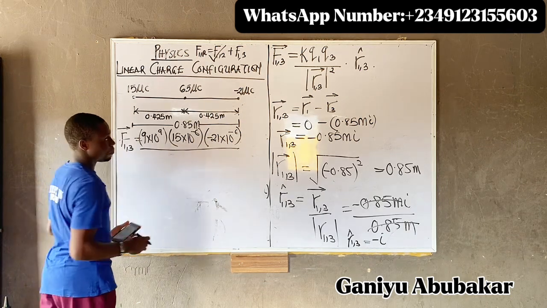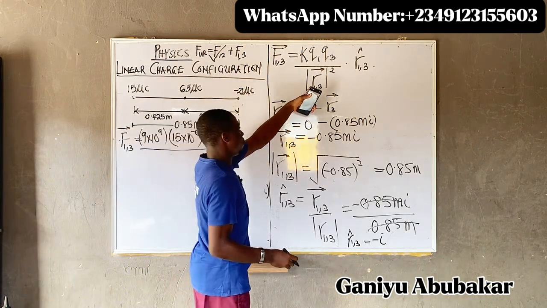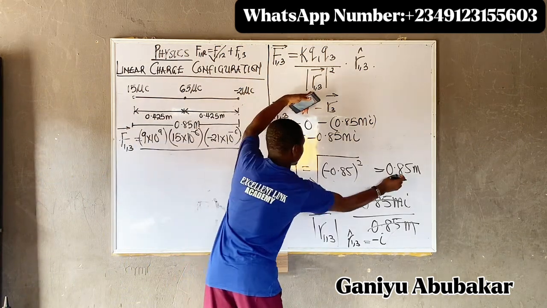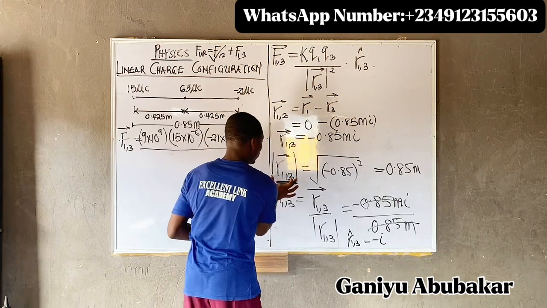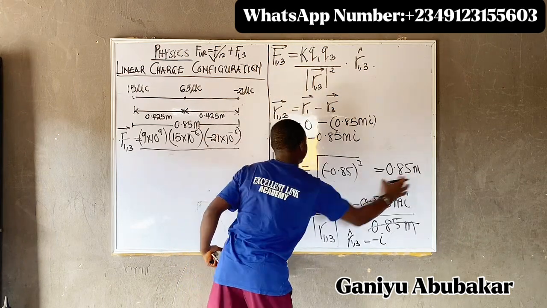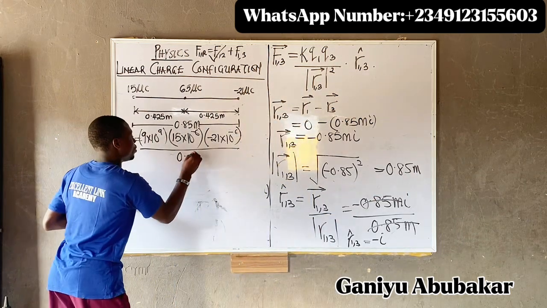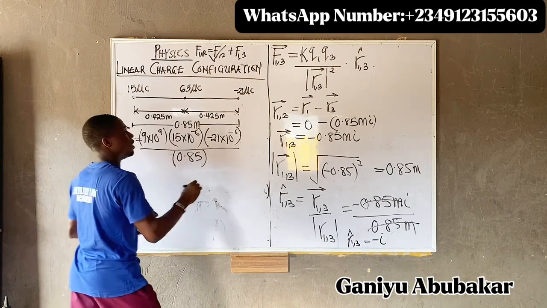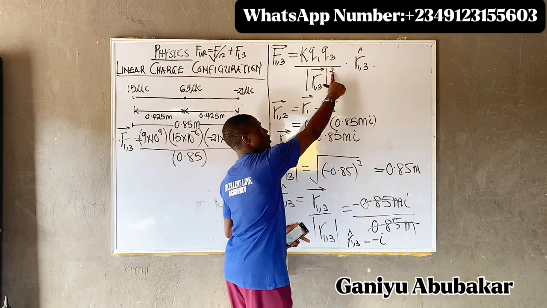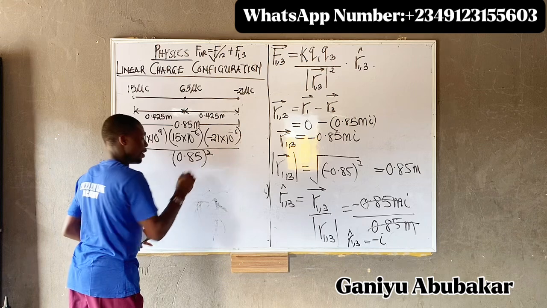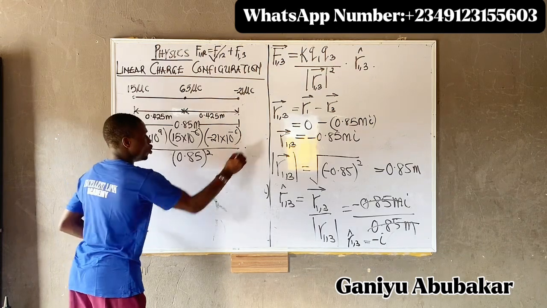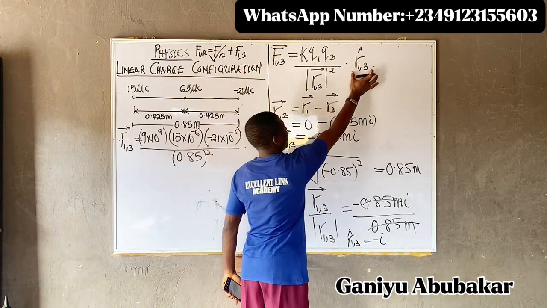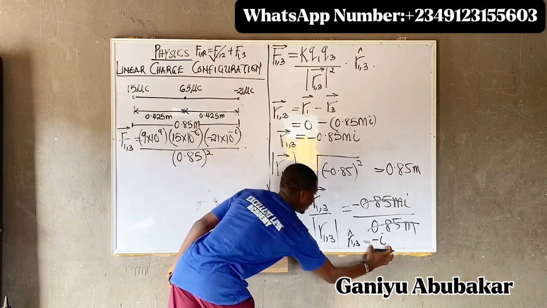All over this one here gives this value. I have 0.85, and this is squared, so I have to put the square here, dot this value, which is minus i.